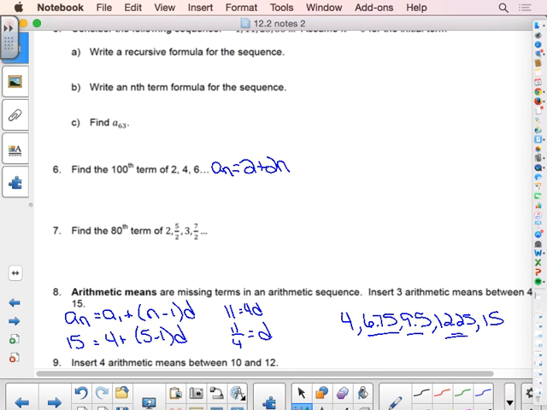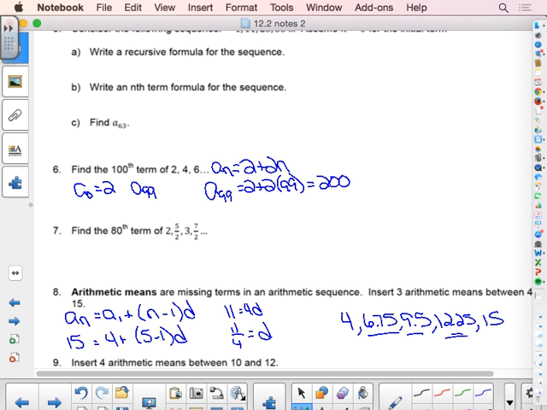So in this case, because I'm starting with a sub 0 is equal to 2, the 100th term is actually a sub 99. So this formula becomes a sub 99 is equal to 2 plus 2 times 99, which equals 200. I realized yesterday we had the same answer, but I'm not sure I explained that well or that I had written it very clearly.